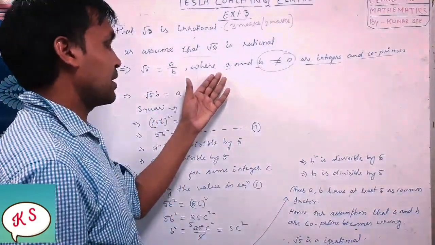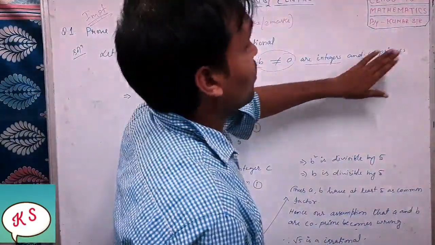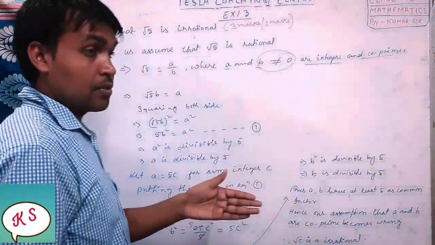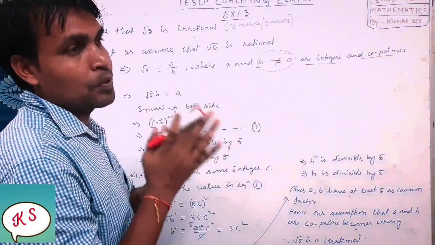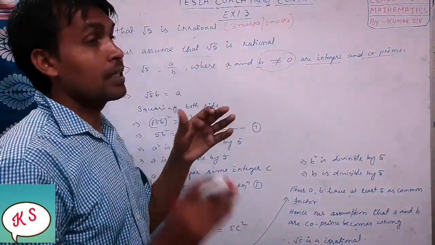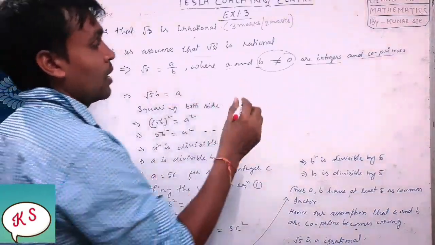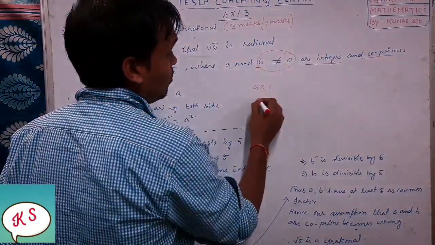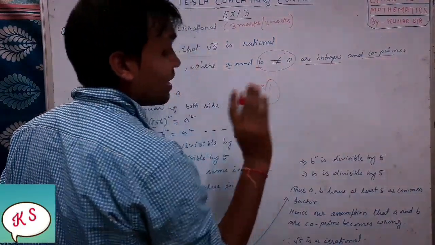Here a and b are integers and co-primes. Co-prime means, dear students, they don't have any factor except 1. We are assuming that a and b are co-prime. That means a has only the factor 1 and b has only the factor 1; besides this, they don't have any other common factor.